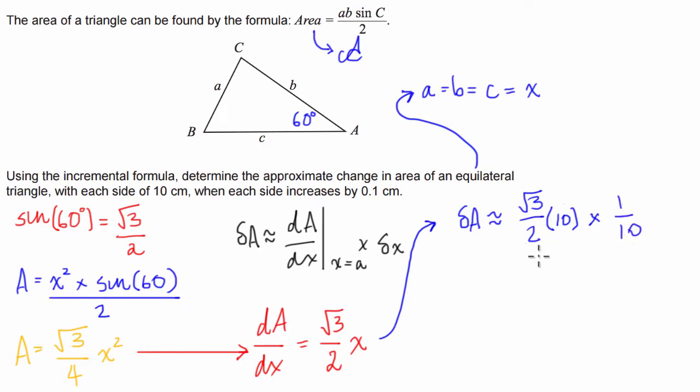Cool. So what we can say is this is going to be approximately equal to 10 over 2 is 5, times a tenth, which is approximately equal to 5 over 10 is a half. The square root 3 over 2 centimeters squared.